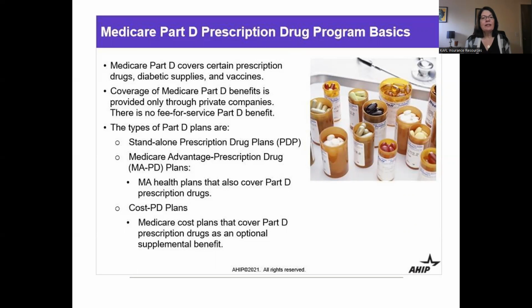And then there's the standalone drug plans. Maybe if somebody just has Medicare, they can have a drug plan, or they maybe have a Medicare supplement and they need a drug plan, or a cost plan. They can cover Part D as an optional benefit.